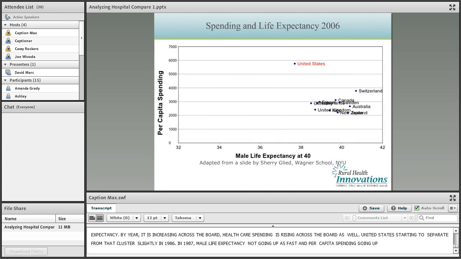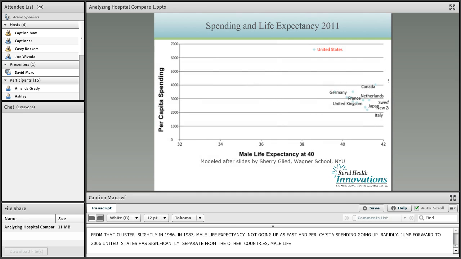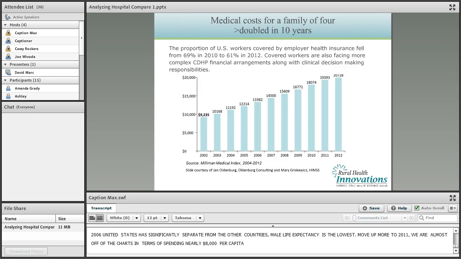If you move to 1996, again you see life expectancy going up across the board, but you see male life expectancy in the United States not going up as fast, and the per capita spending going up much more rapidly. If you jump forward to 2006, you can see that the United States has significantly separated from the other countries, and male life expectancy is now the lowest.